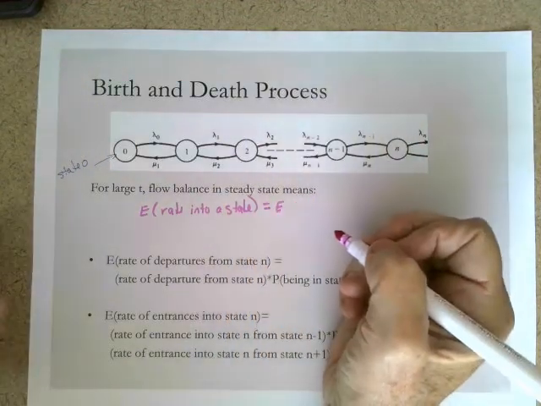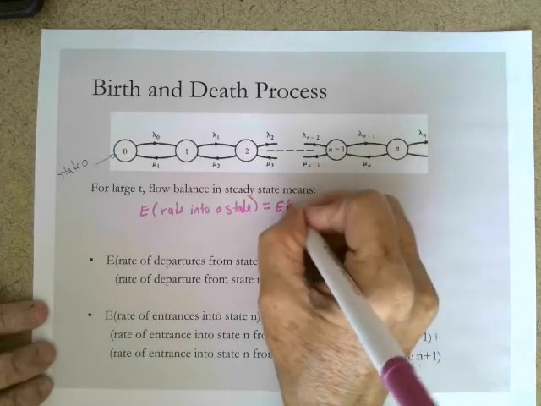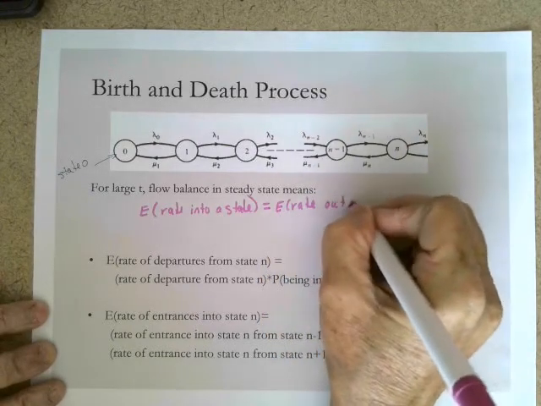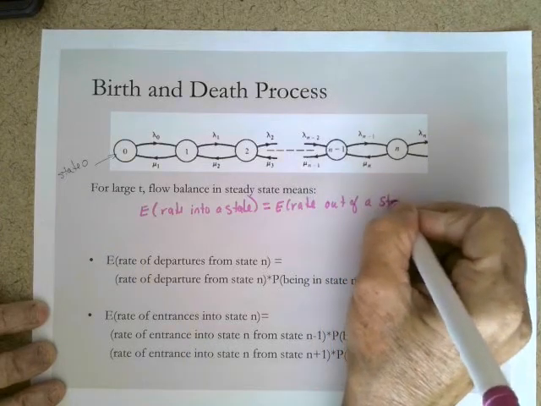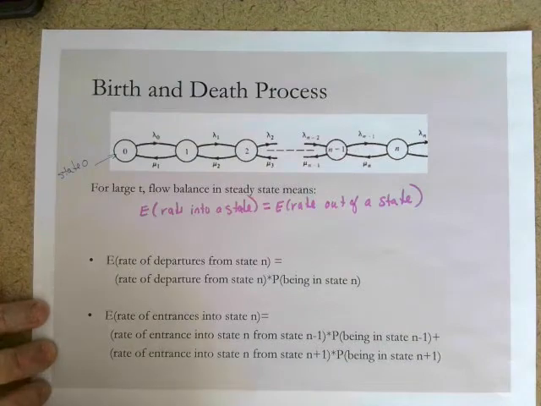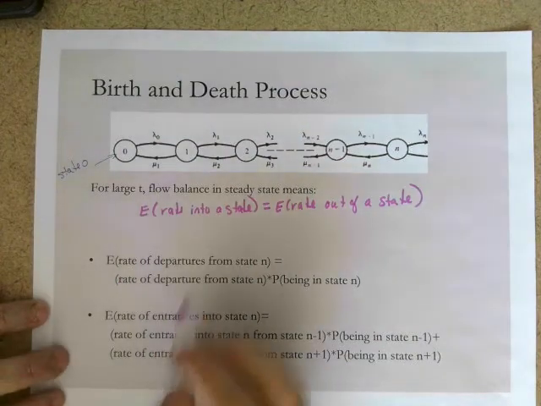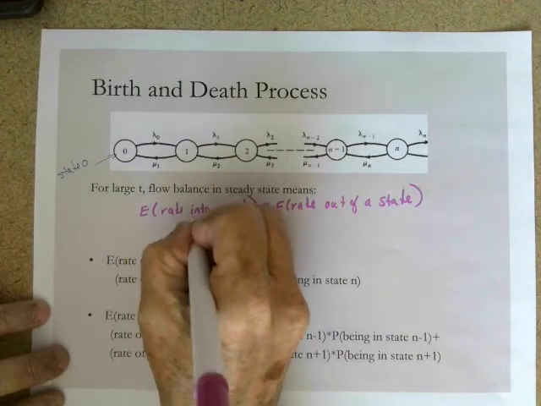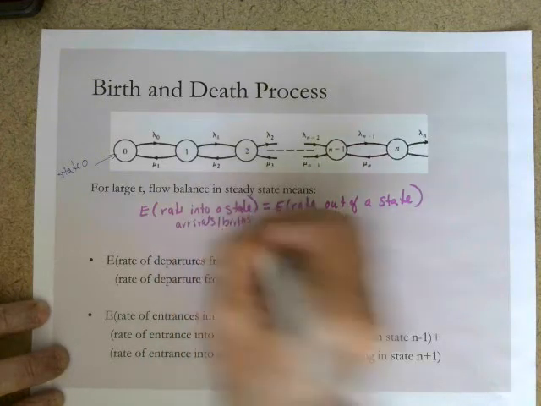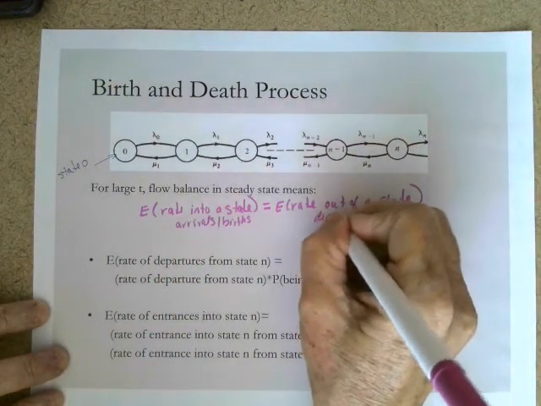That means we're in what we call steady state. So expected rate out of a state. And how are we going to do these balance equations? Well, my rate of departure, so into a state, that's what I mean by arrivals or births, if you will. And this is departures or deaths.